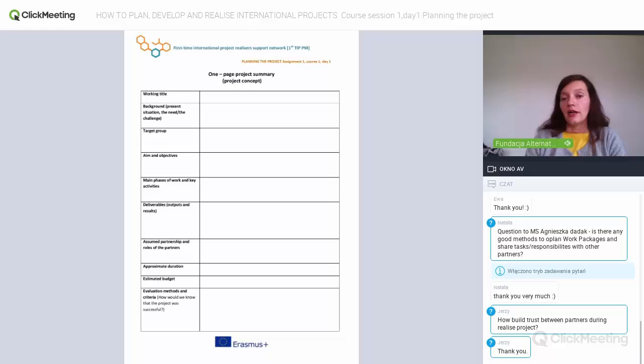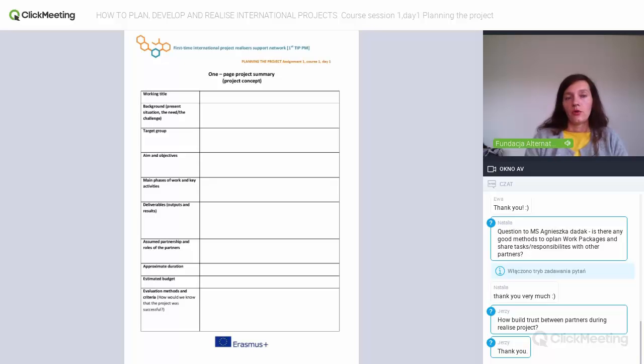It should be real, and hopefully it will be useful for you on the next stages of this course, because experience says that it's easier to work on a specific example, not only to speak about the theory, but also to try to put the theory into a bit of practice.